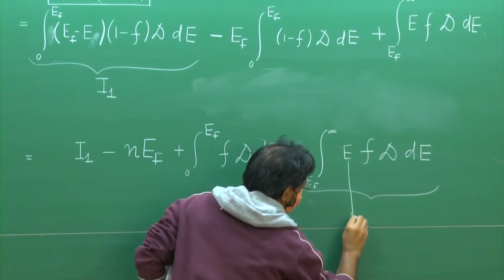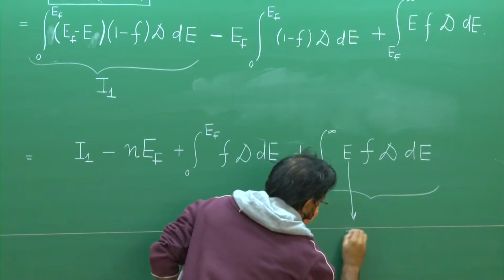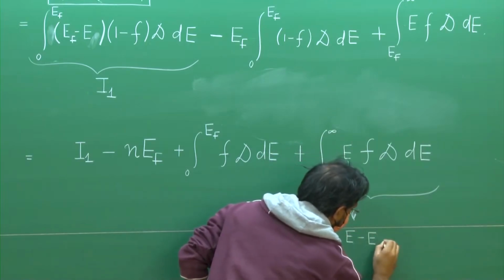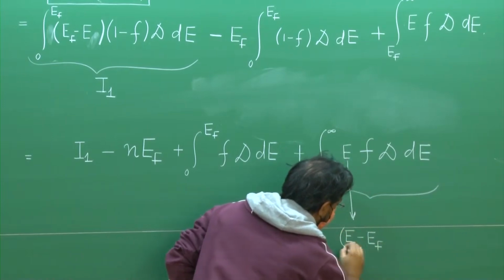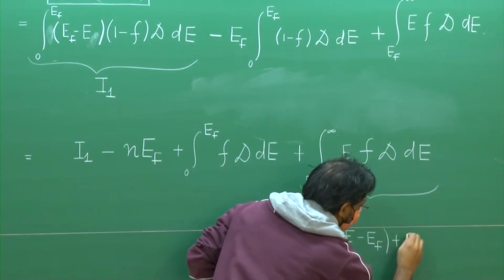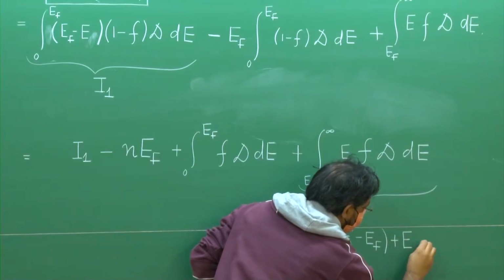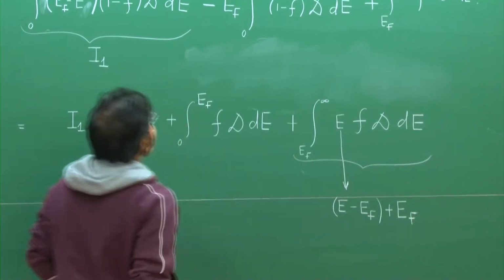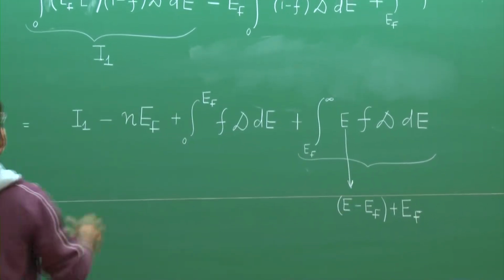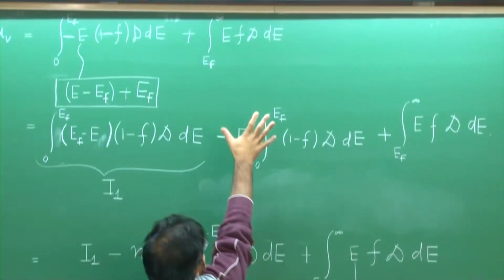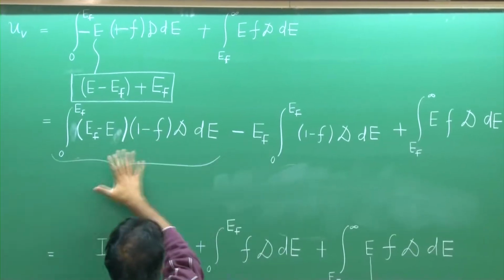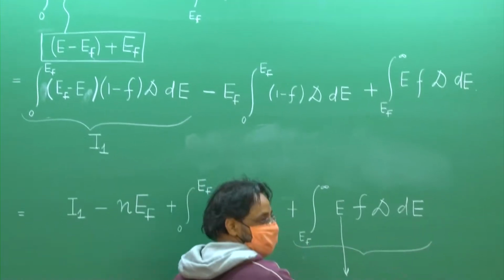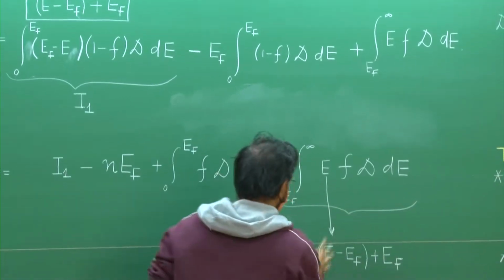I am writing this as E minus EF plus EF, as I did before. As I did for I1, I am doing the same for I2. So, you basically have two primary integrations, I1, I2. I first dealt with I1 by writing it like this, and now I am doing the same over here. Okay, so what will that give me?